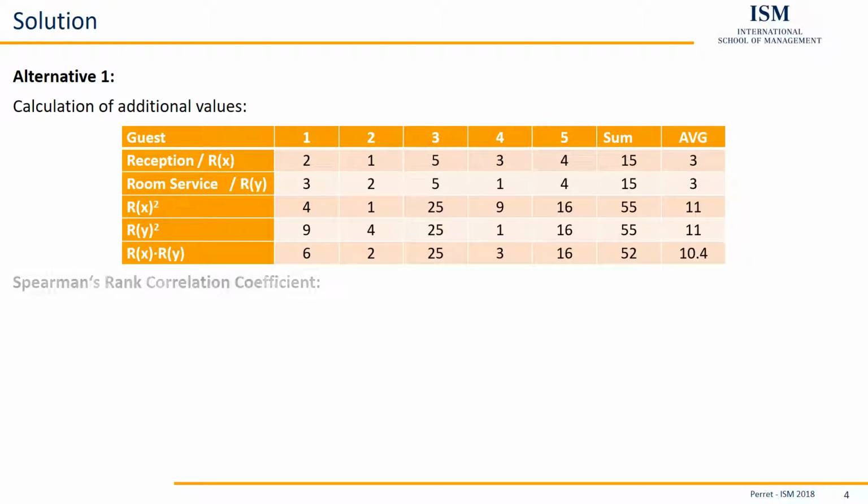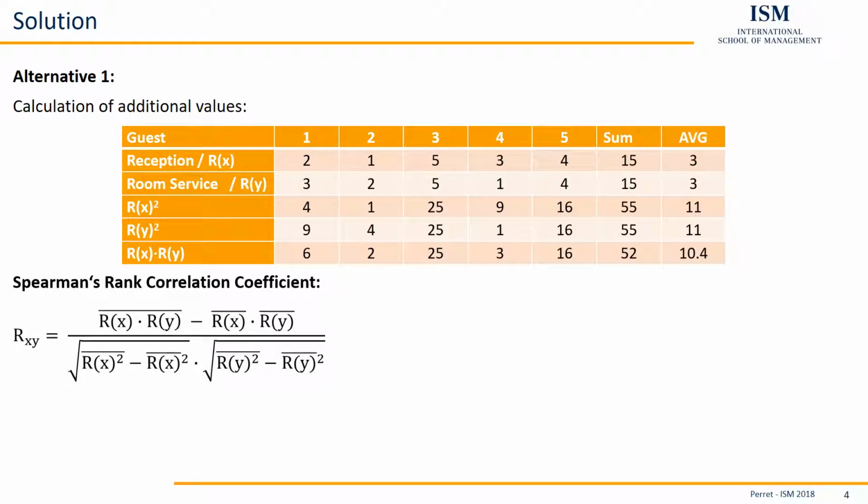Those are actually the numbers we need because, as we can see here, the rank correlation coefficient in this context, as it is based on Pearson's correlation coefficient, looks as follows. Above the fraction line we have 10.4, that's the average of rank of X times rank of Y, minus the average of rank of X times the average of rank of Y, so 3 times 3.